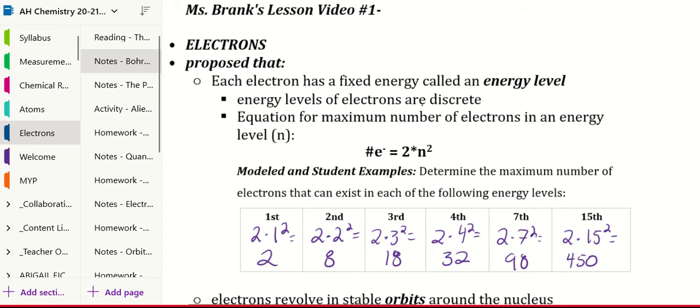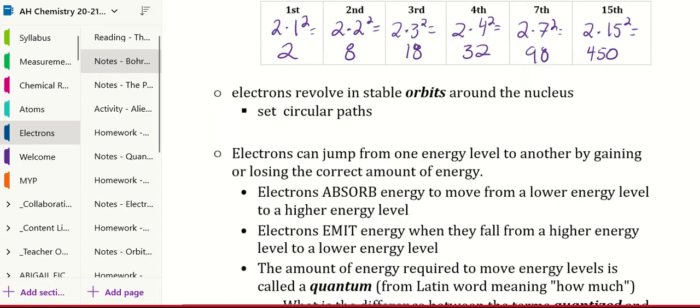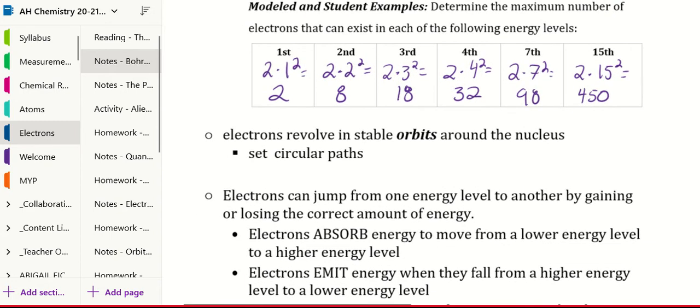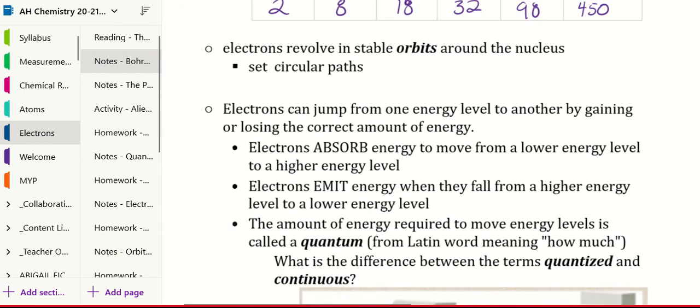Where Bohr's part of the nature of electrons came to be shown to not always be correct is in how he described that electrons orbit the nucleus in set circular paths.